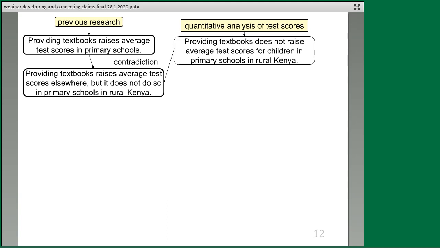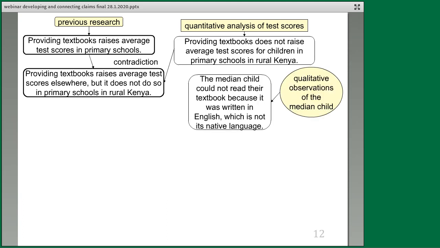And so we could say here we also have an inference, and then we go further, because the next step are the qualitative observations of the median child, which show the median child could not read its textbook because it was written in English, which is not its native language.